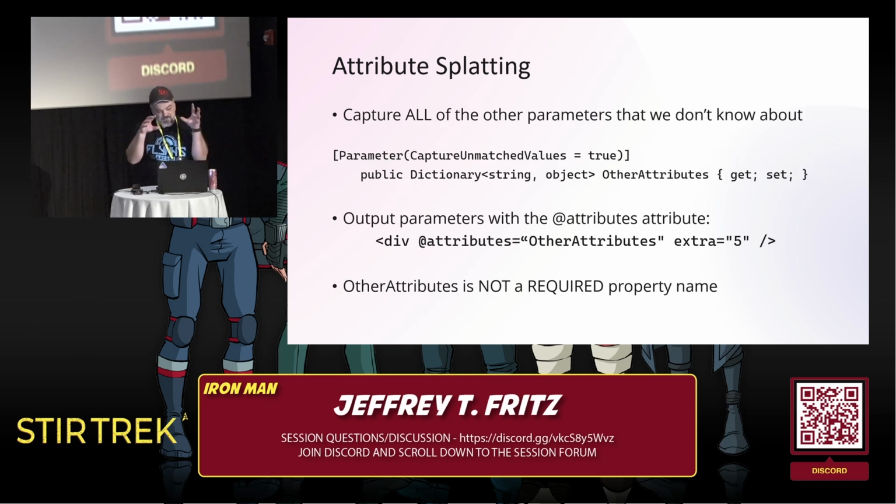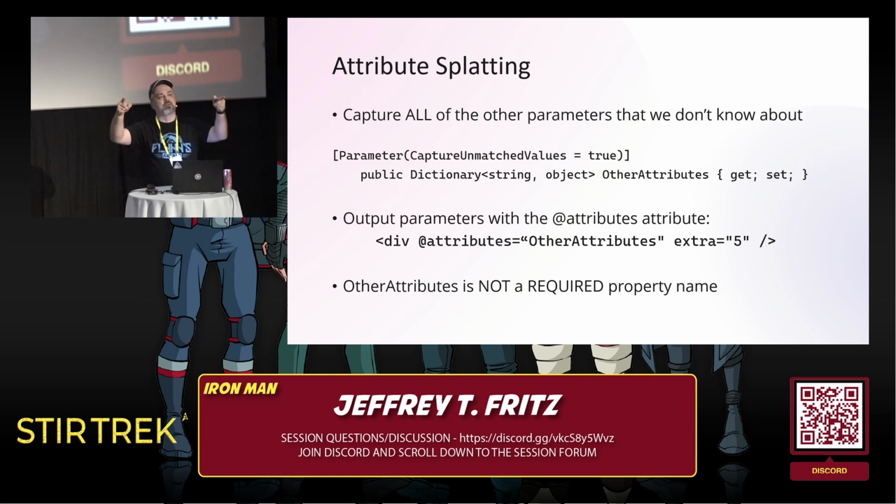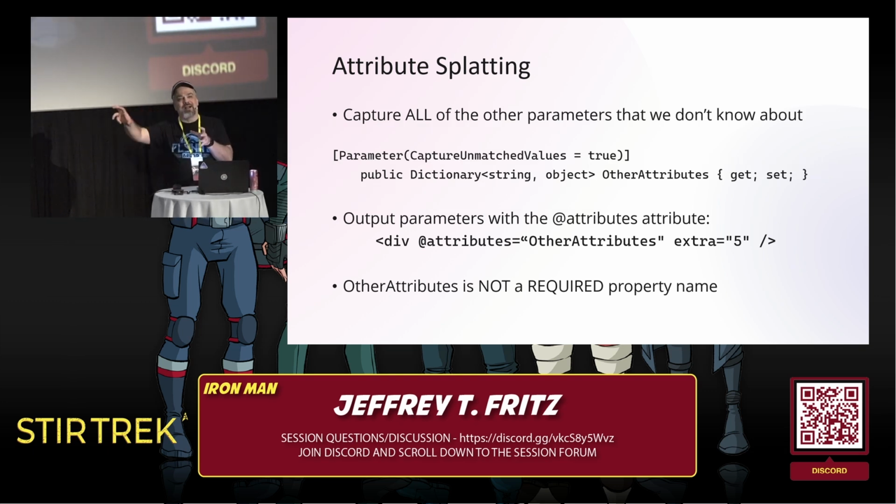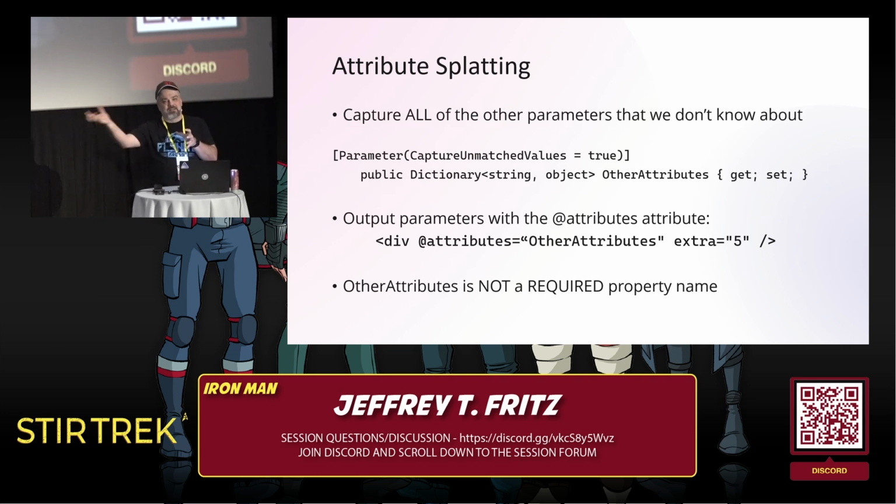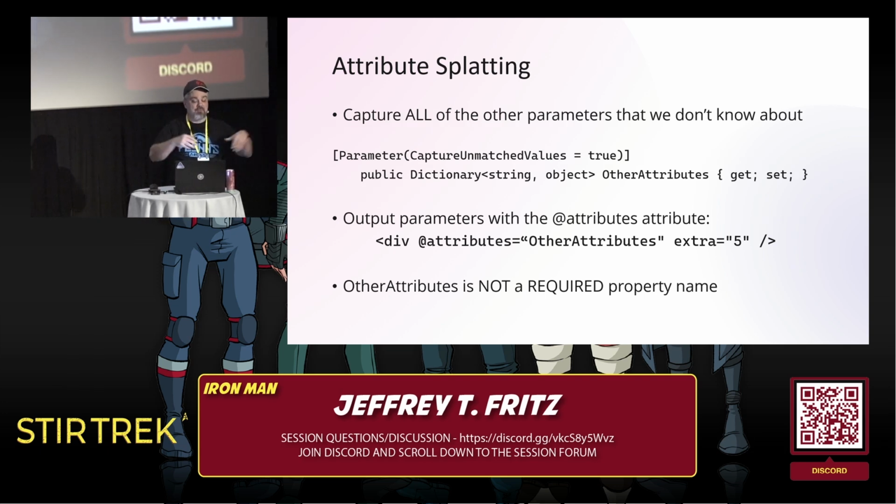All right. So where was it? Attribute splatting. So just like if a fly lands on your code and you smack it and it splats fly guts all over your code, that's what we're going to do with any extra attributes that we don't know. So what this does is we can specify a dictionary, a collection of attributes that haven't been recognized by our component, collect those, and give us some way to place them inside of our component.